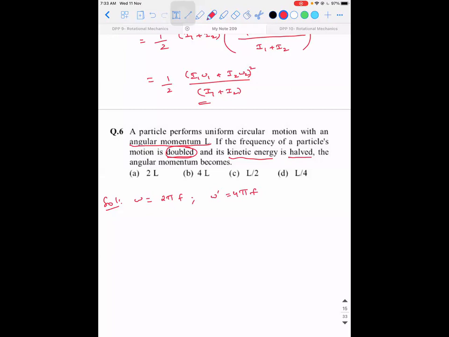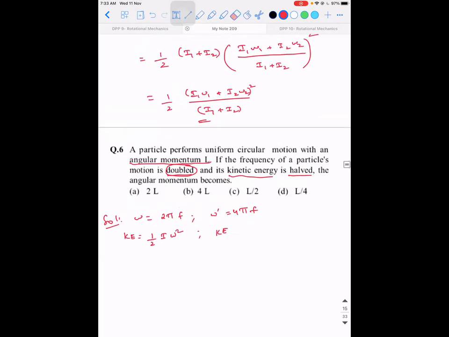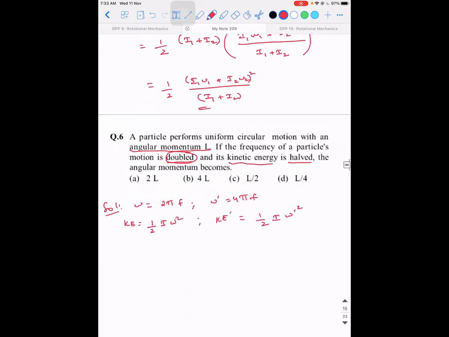That's right. So what is the initial kinetic energy? Half I omega square. Final kinetic energy? I into 4 omega square, so it is half I into 4 pi square f square.